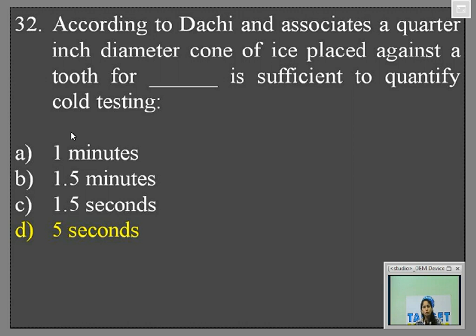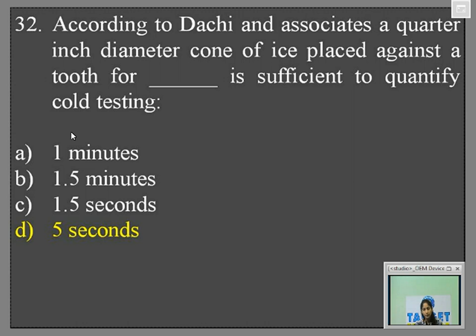If a tooth responds to heat, that means it is already diseased. Okay, write it like this only. If a heat test is done and the tooth responds to heat, it is already diseased, and that requires an endo treatment. Again, your heat test will always show you a biphasic response.